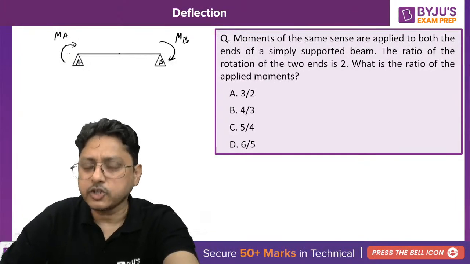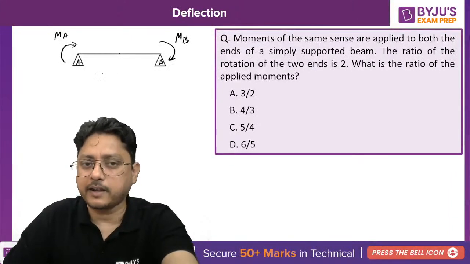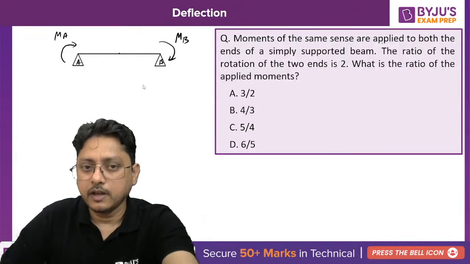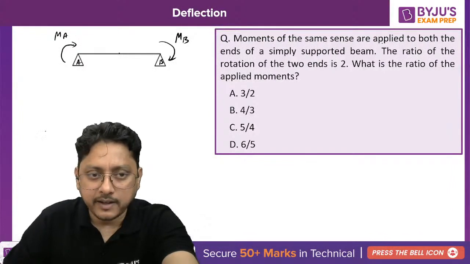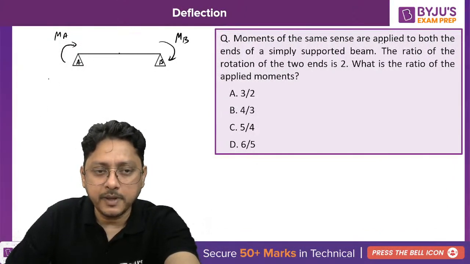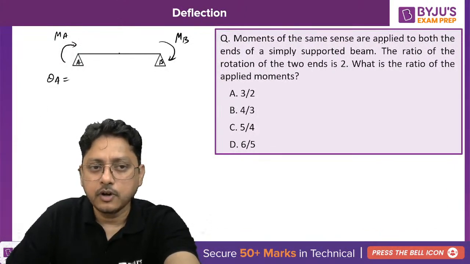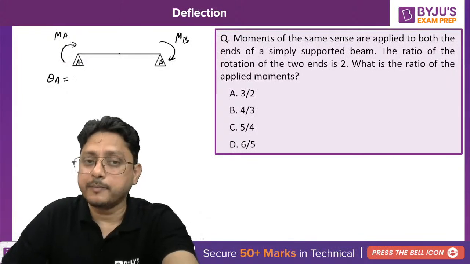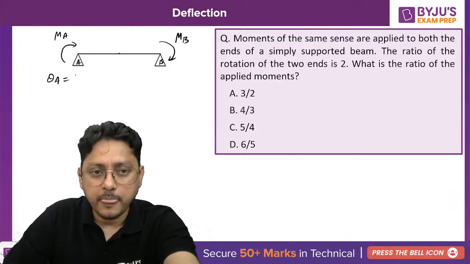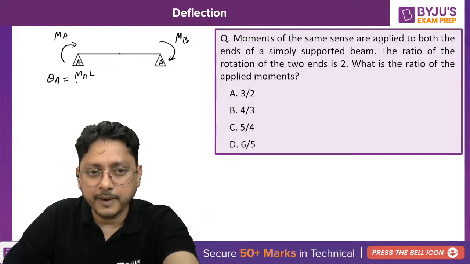Due to the application of the moment at A, what will be the slope at A and at B? Theta at A due to the moment applied at A will be MA L by 3EI.